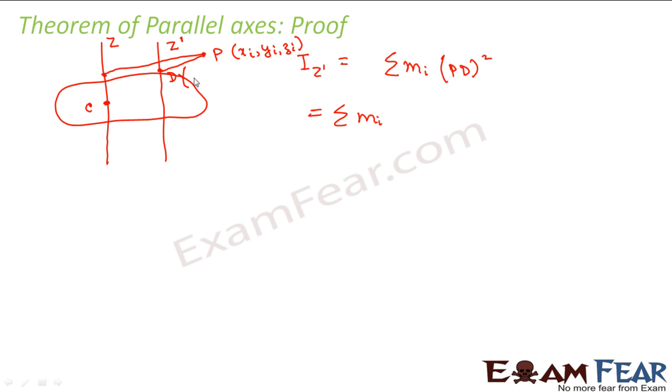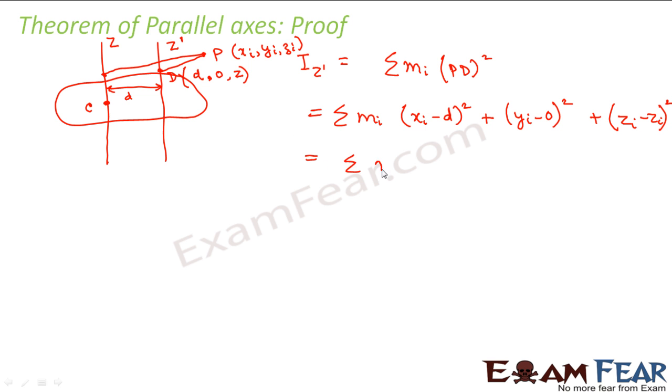This point D has coordinates x equal to d, because this distance is small d, y equal to 0 and z equal to zi. So PD square becomes xi minus d whole square plus yi minus 0 whole square plus zi minus zi whole square. So this becomes summation of mi times xi square plus d square minus 2 xi d plus yi square.